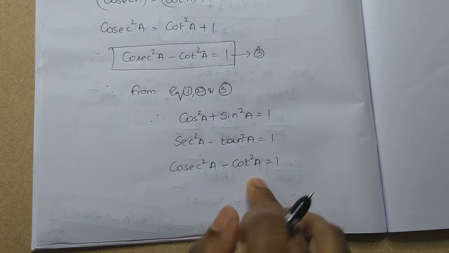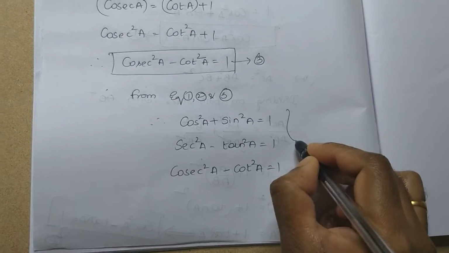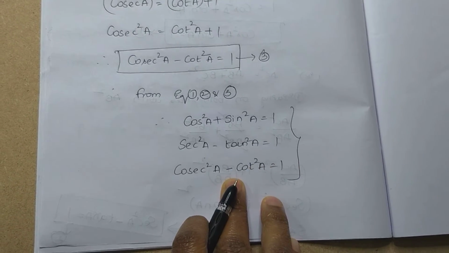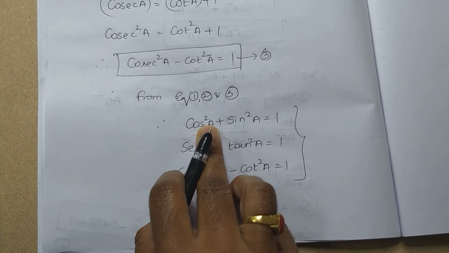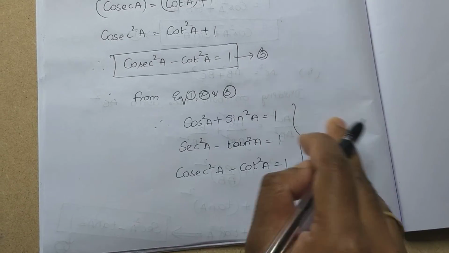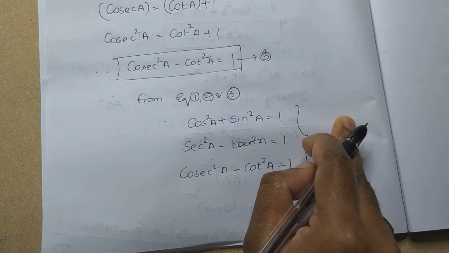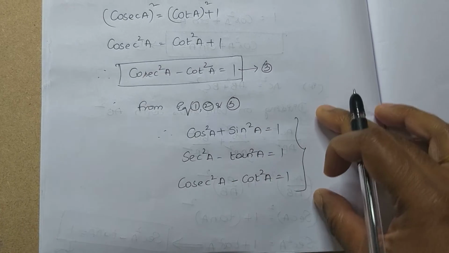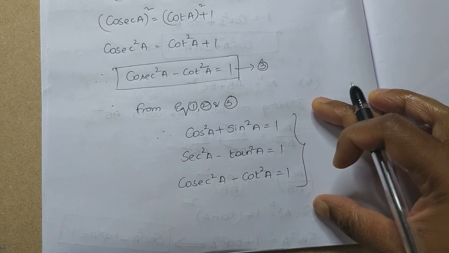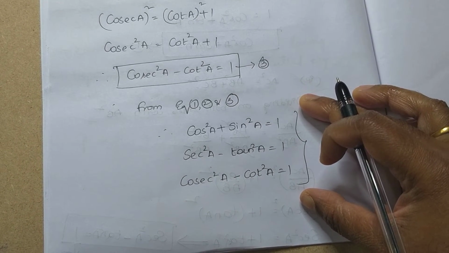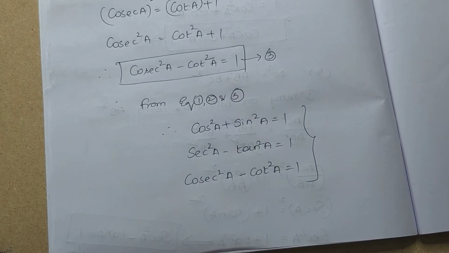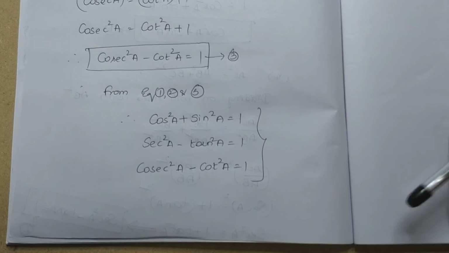So these are the three trigonometric identities. Based on these equations, if they have given cos square A, we can represent it as 1 minus sin square A. Something like that we can represent based on these trigonometric identities. Clear? So this is the concept now.